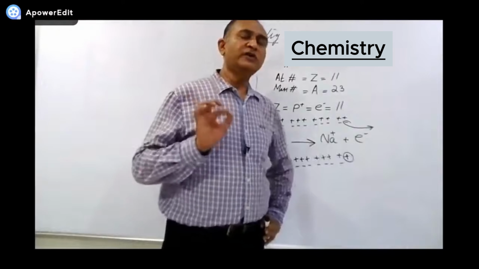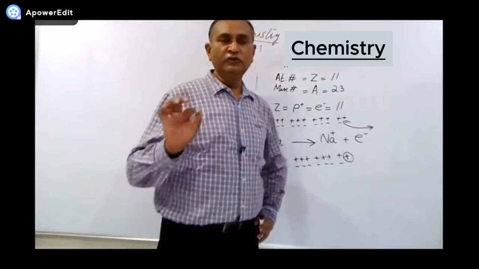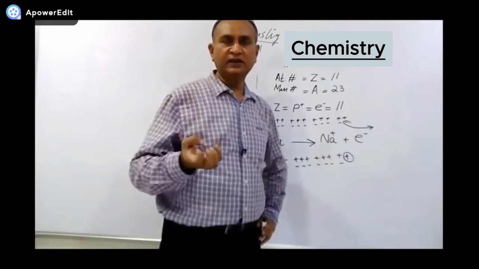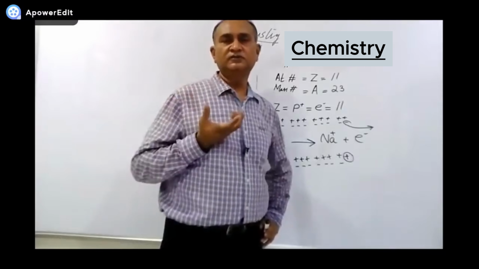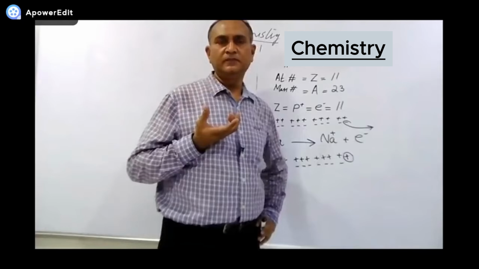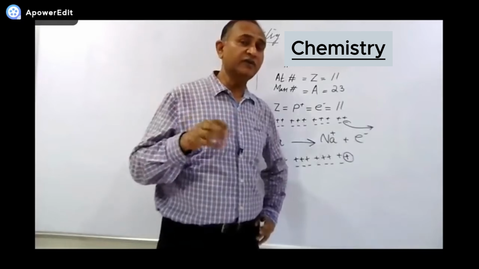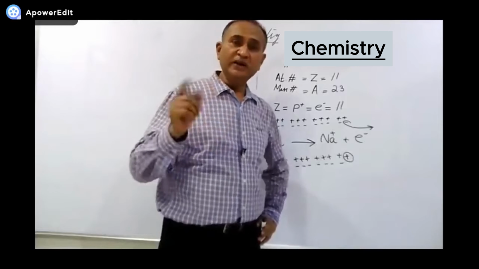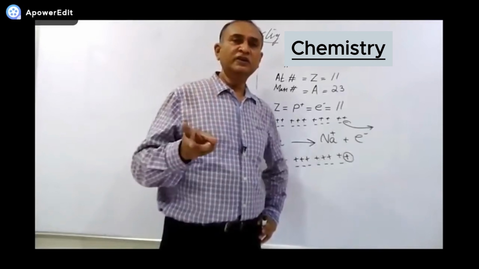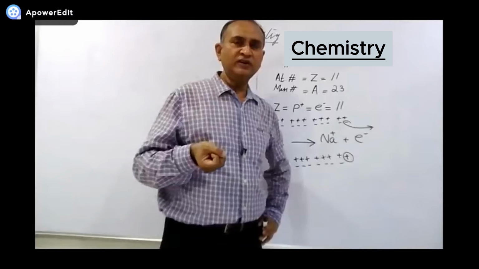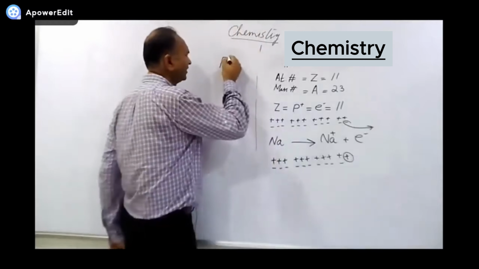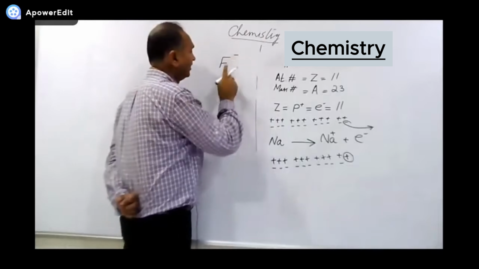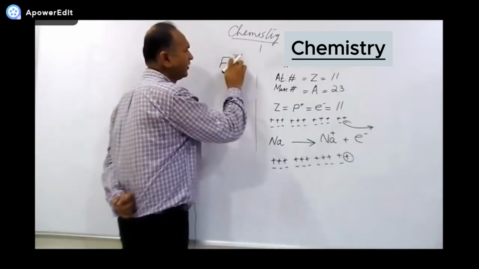So what is the point to be noted here? After losing an electron, the atom acquires a positive charge, and after gaining an electron, it will acquire a negative charge. First point. Second point, how many charges? If it gains 1 electron, like this, it means it has absorbed 1 electron.